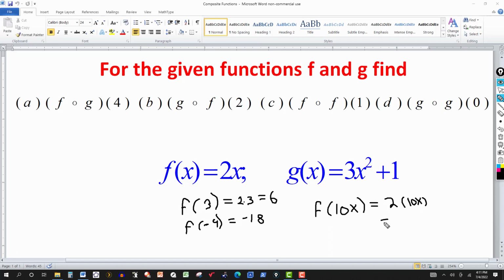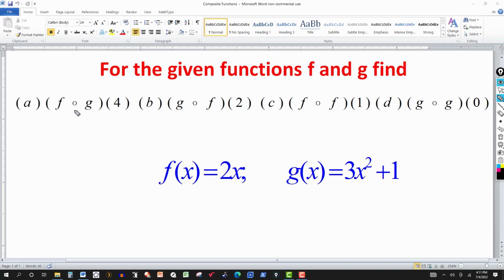And this gives me 2 times 10x, which is 20x. And the same thing with g, this function. If I say, okay, what is g of 1? Place the x by 1. So it's 1 squared is 1, times 3 is 3, plus 1 gives me 4.